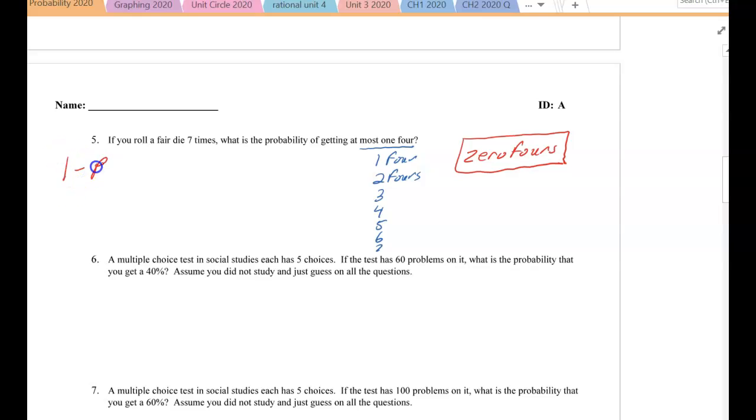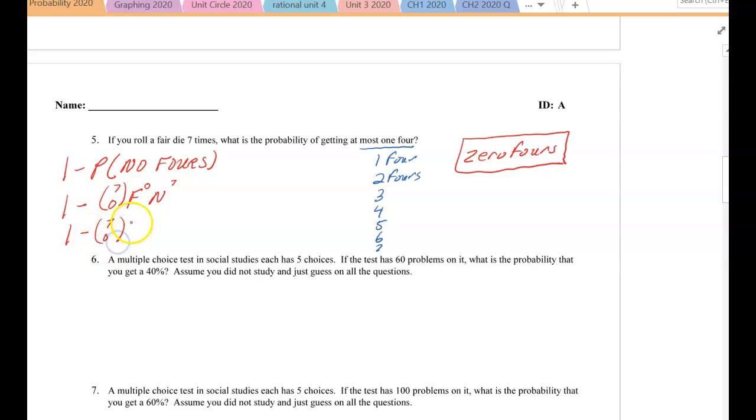So 1 minus the probability of no fours. So what's the probability of getting no fours? That would mean they're all non-fours. So if I were to write that down, it'd be 4 to the 0 and then non-fours to the 7th. And then in front of that, I would need 7 choose 0. So 1 minus 7 choose 0.